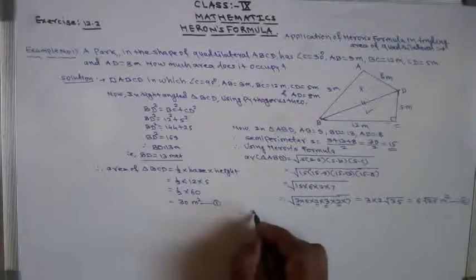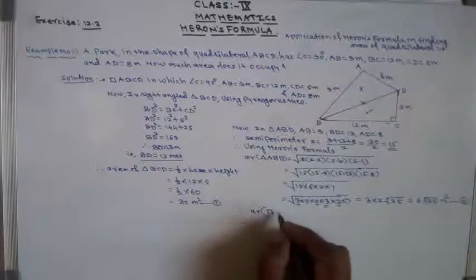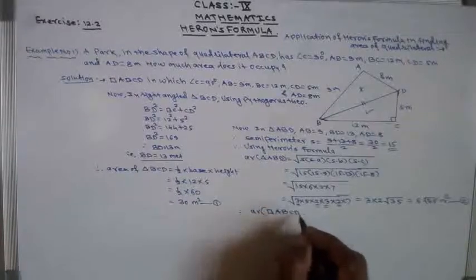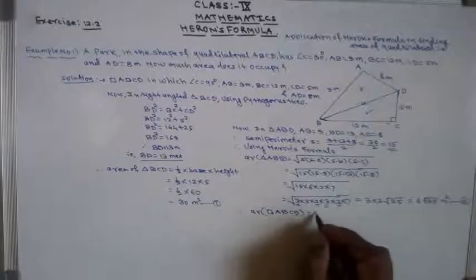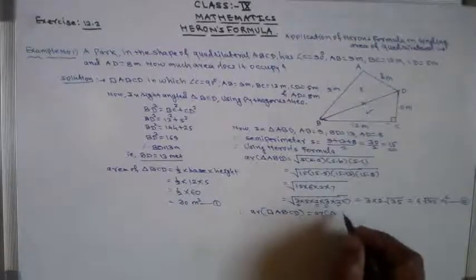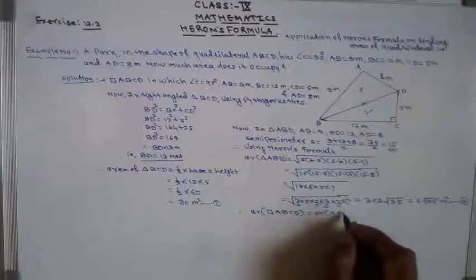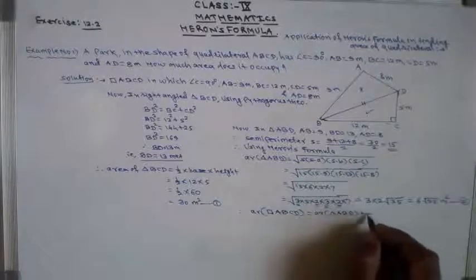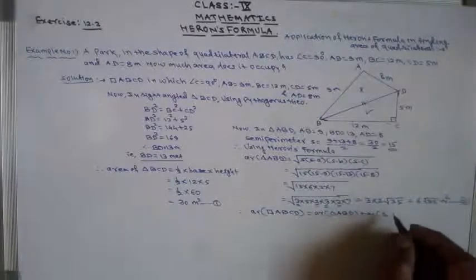Therefore area of quadrilateral ABCD equals sum of the areas of two triangles: area of triangle ABD plus area of triangle BCD.